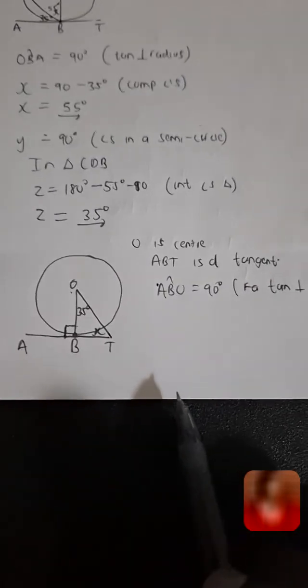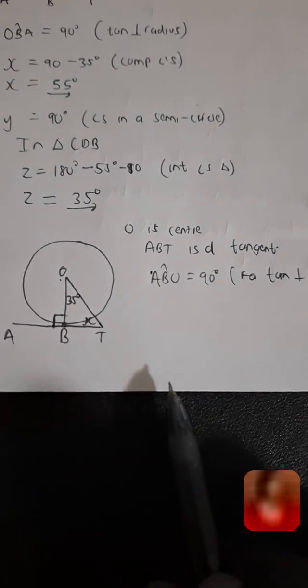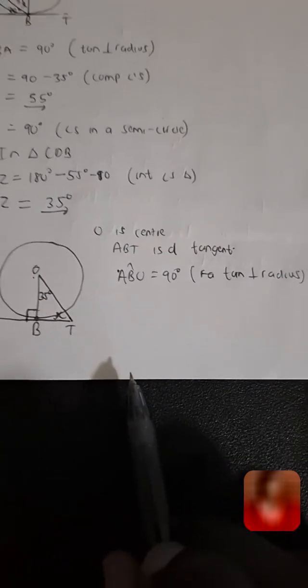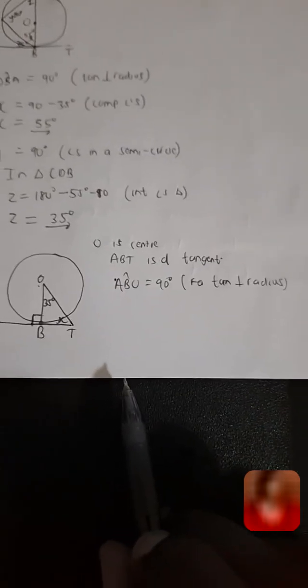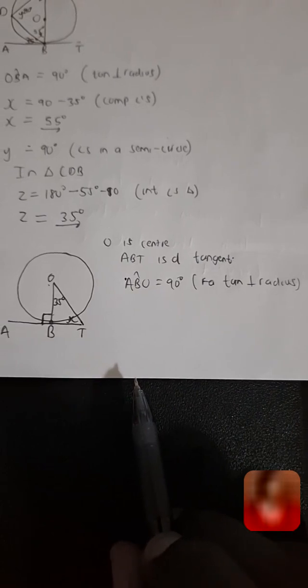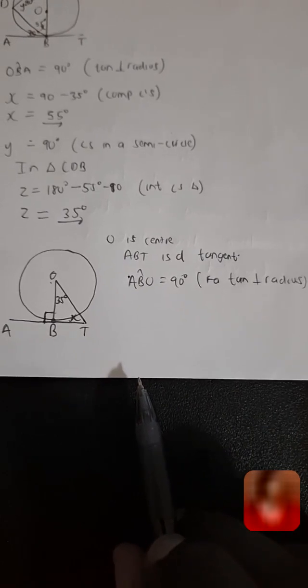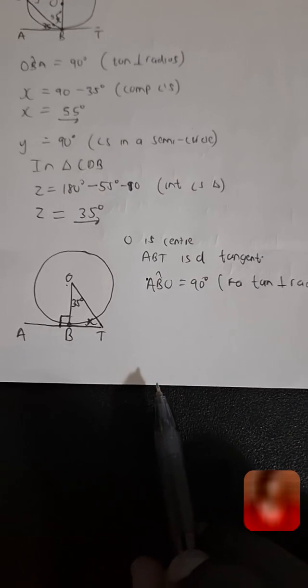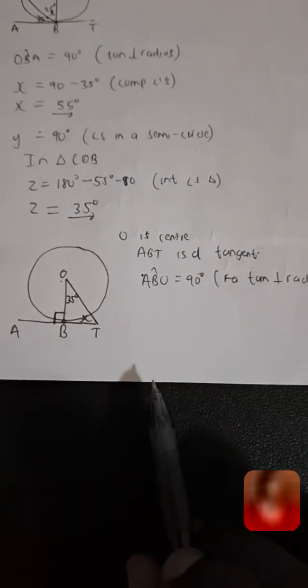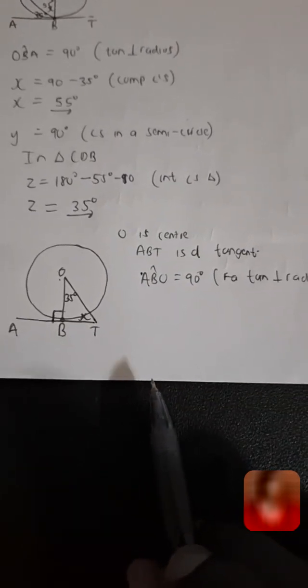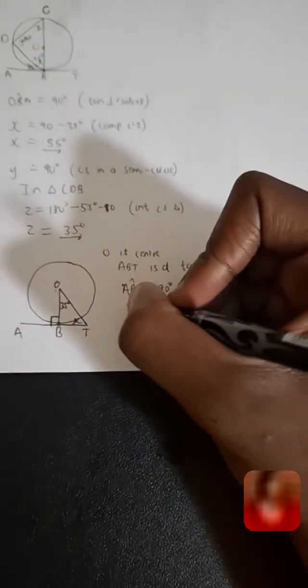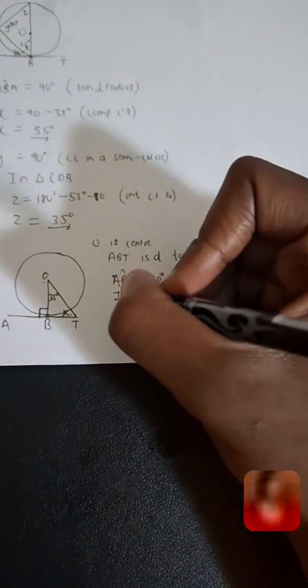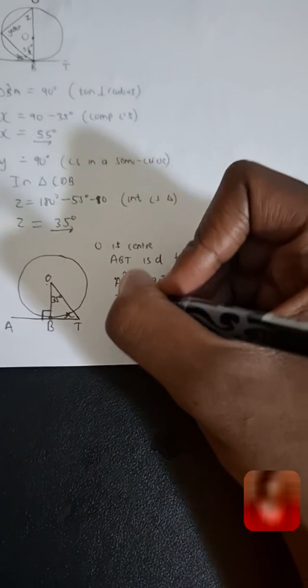Next step again. Angle BOT plus angle BTO, which is x, is equal to 90 degrees. Okay.